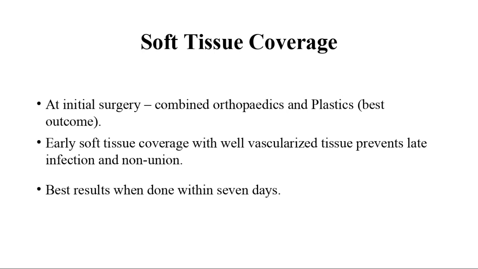Because the sooner the soft tissue coverage, the better is the healing, the better is the risk of an infection. So soft tissue coverage with well-vascularized soft tissue prevents late infection and non-union. Again, that goes without saying.